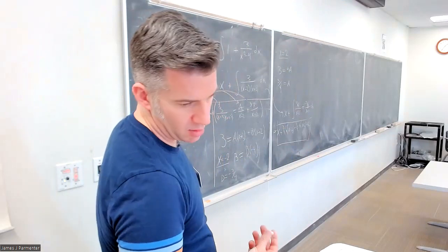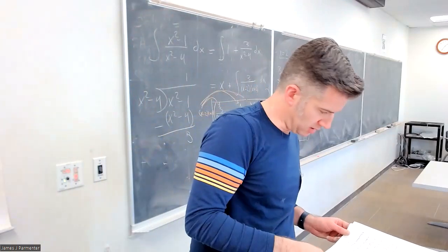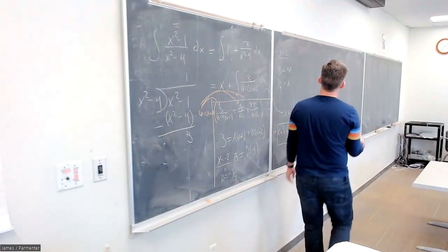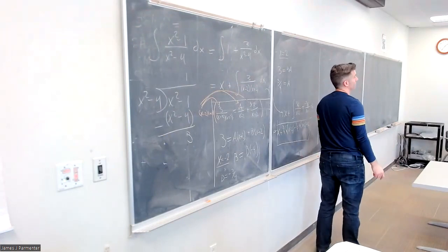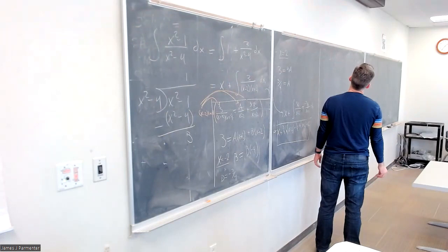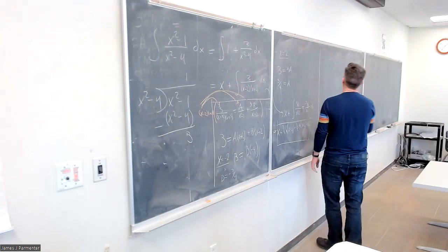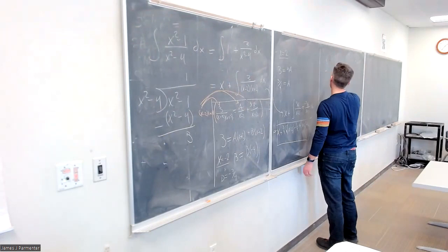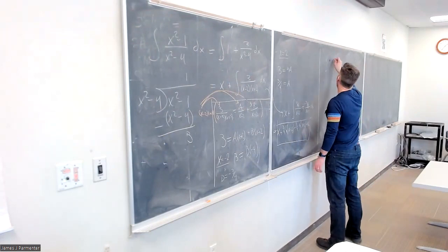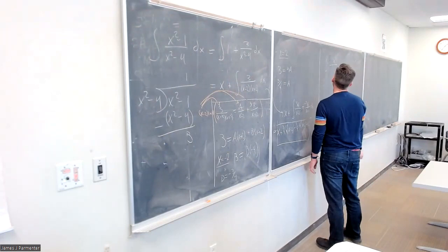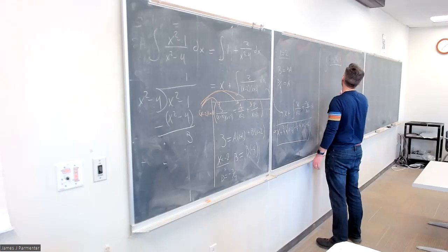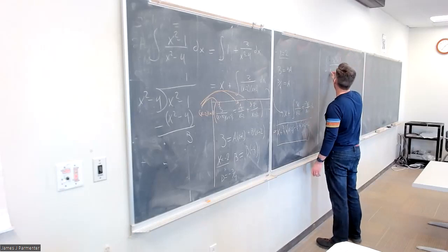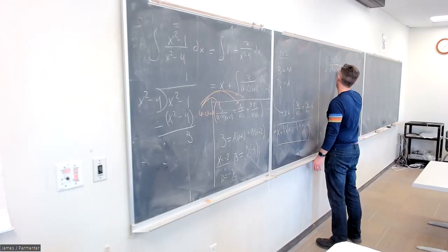Let's look at another example. Am I going to make something up that's going to be good, or is it going to suck? Sure, let's try something like x to the 4th plus 1 over x cubed plus x.